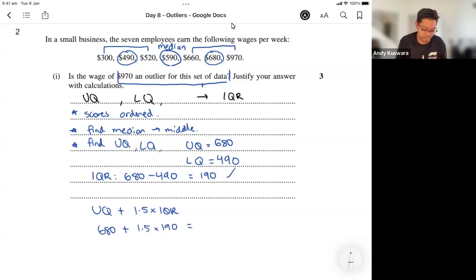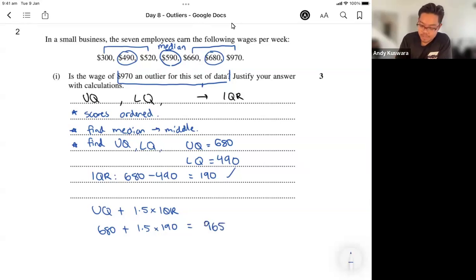So if I calculate 680 plus 1.5 times 190, whoa, that can't be right. Oh, whoops, I did times instead of plus. So that will give me 965.